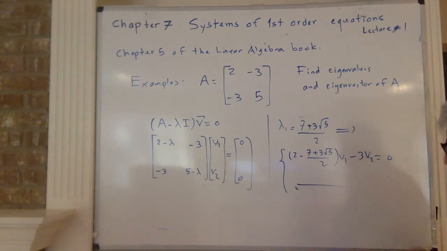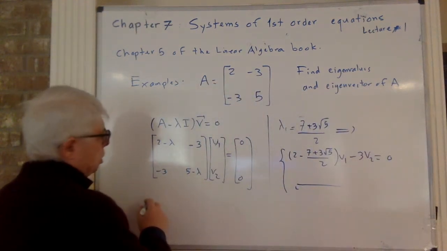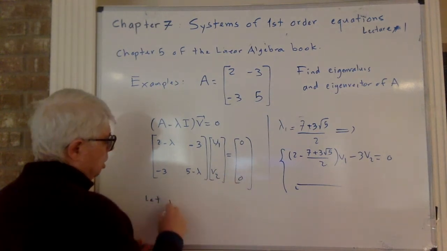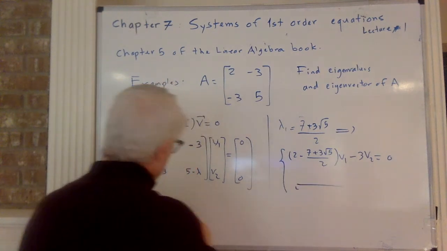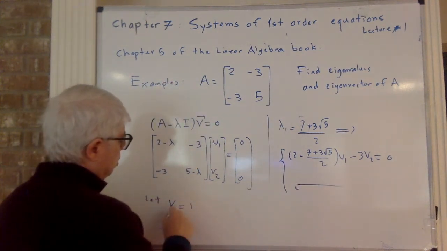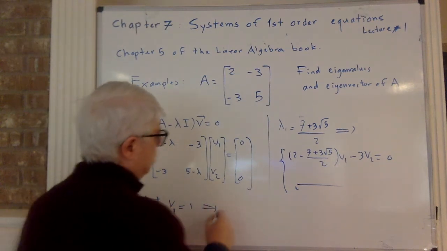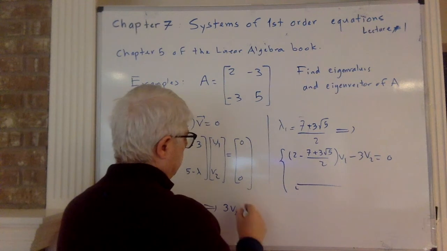Now, it's not a nice expression, but that's okay. That eigenvector is not so nice. So depending on the situation, you can let the other one be, so let v1 be 1, not v2, sorry. v1 be 1, then I have 3 v2 equals this guy here.